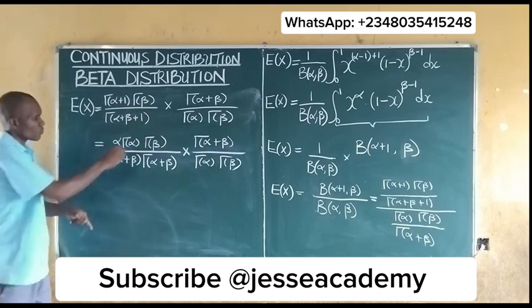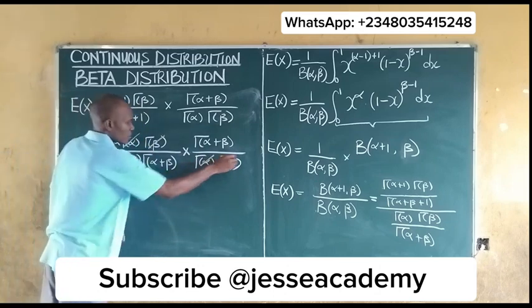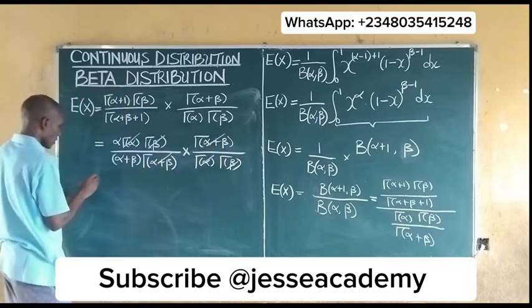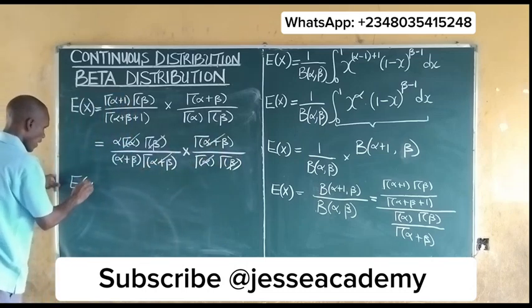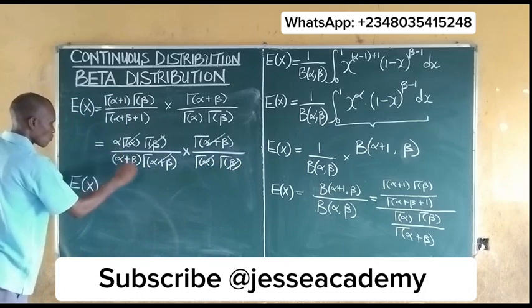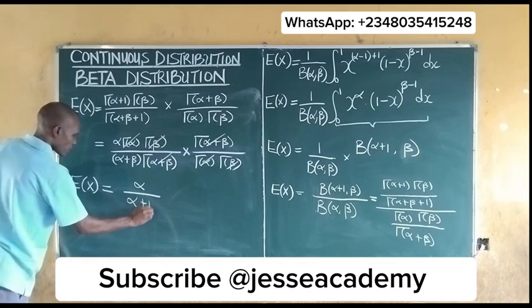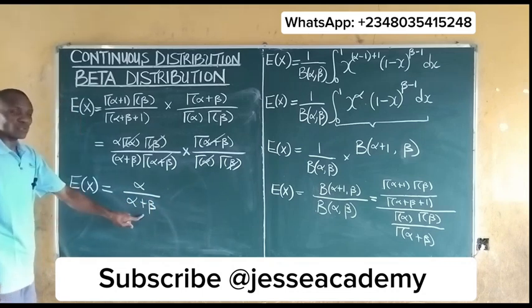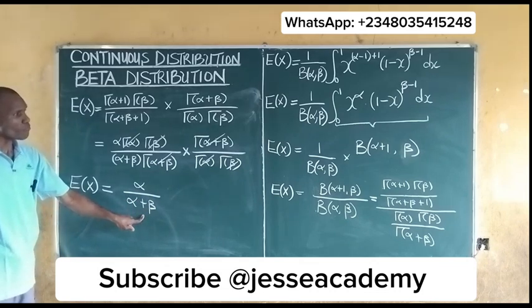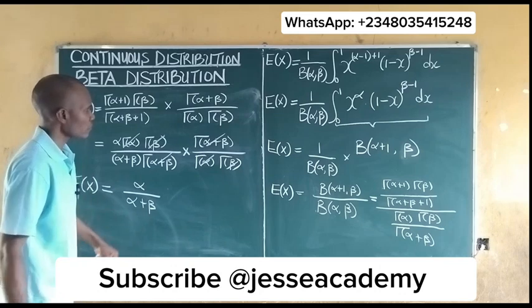This is what we get. So, of course, this can cancel this, and the whole of this can cancel this. So it means that our expected value of x will be what is remaining here, alpha over alpha plus beta. This is what we get.